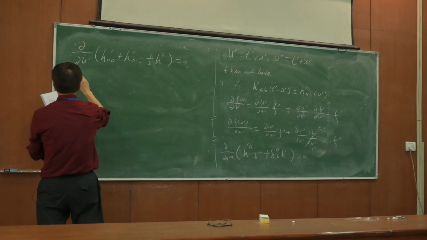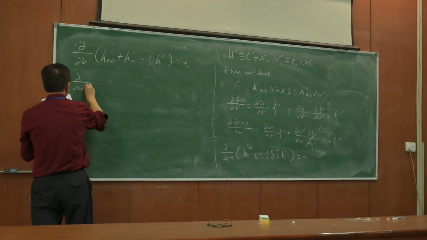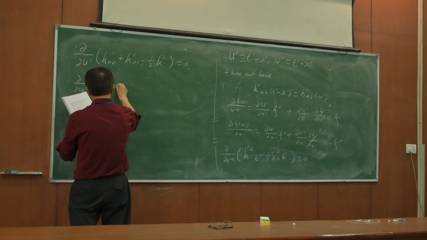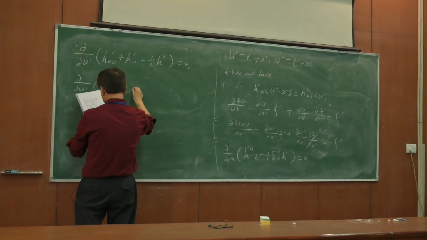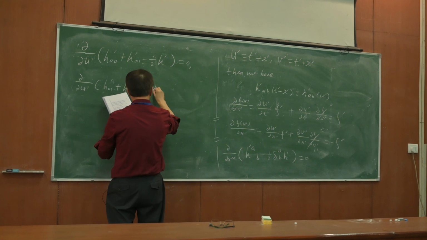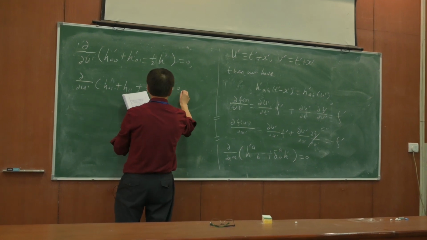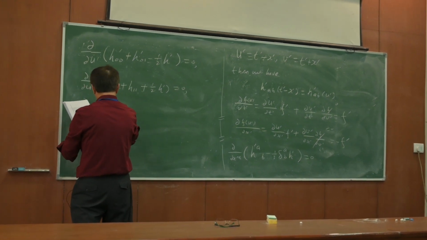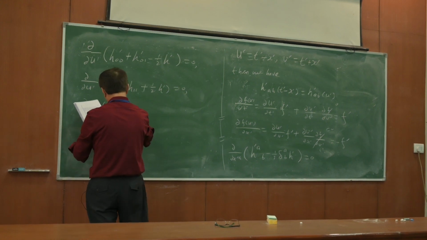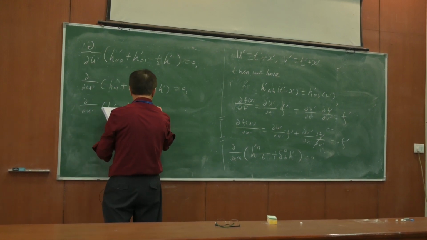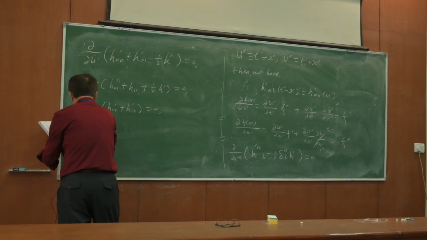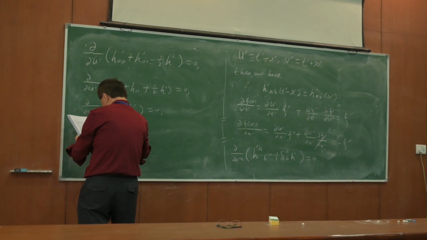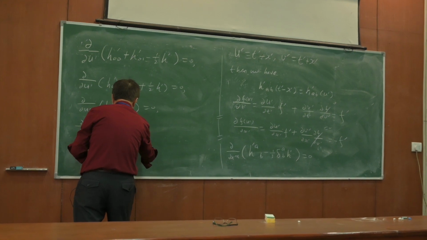The same for my next equation: du prime h 0 1 prime plus h 1 1 prime plus 1/2 h prime equals 0. Then h 0 2 prime plus h 1 2 prime equals 0, and h 0 3 prime plus h 1 3 prime equals 0.